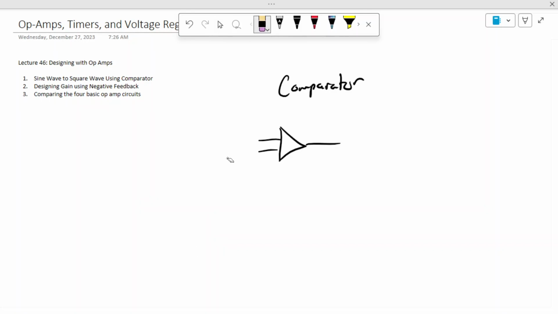So the comparator, if you recall, is basically, I have two inputs. If this is 4 and this is 3, and this has a source voltage of 15 to minus 15, this will immediately be negative 15 because of the super high gain.